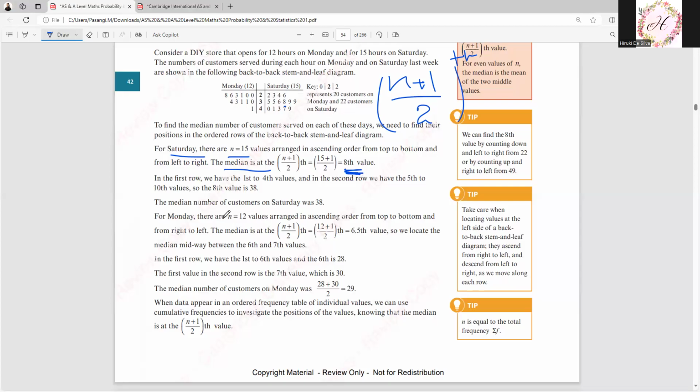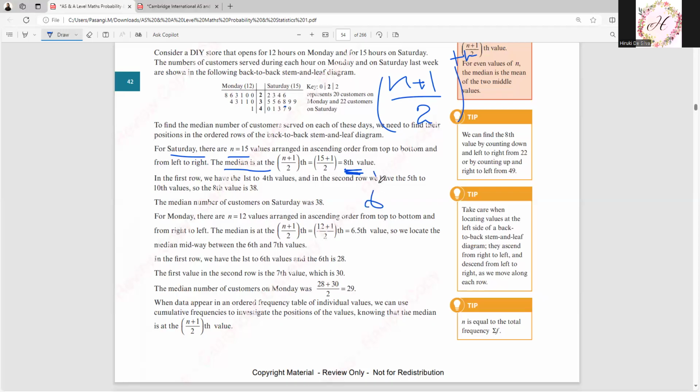If we have, let's assume, n is equal to 12, that means an even number of elements. If we have an even number of elements, again we do the same thing: (n plus 1) divided by 2. That means 12 plus 1 divided by 2, that is the 6.5th one. But there is no 6.5th position, no such index. So what do we have to do?